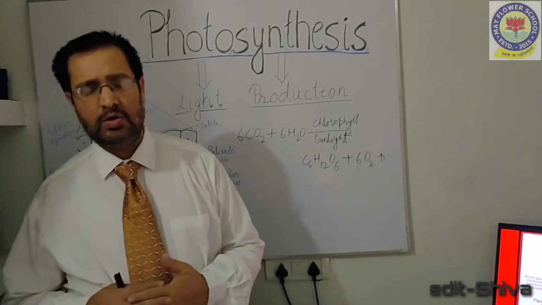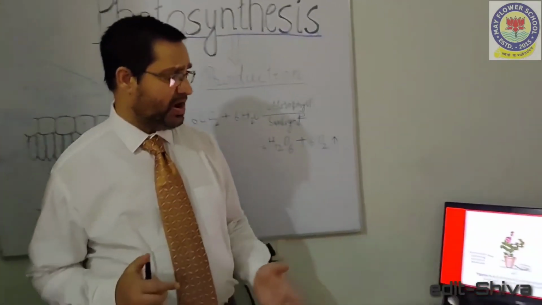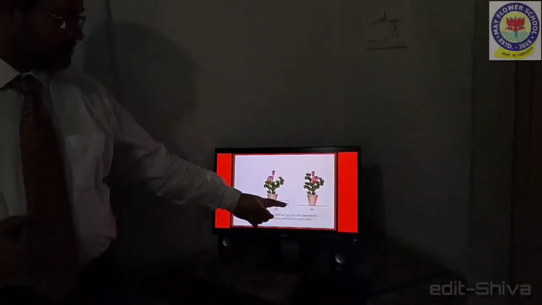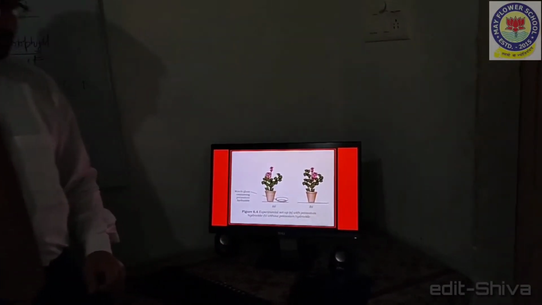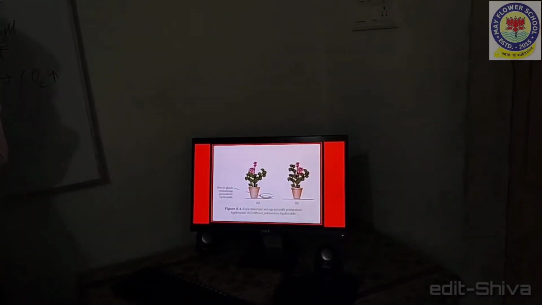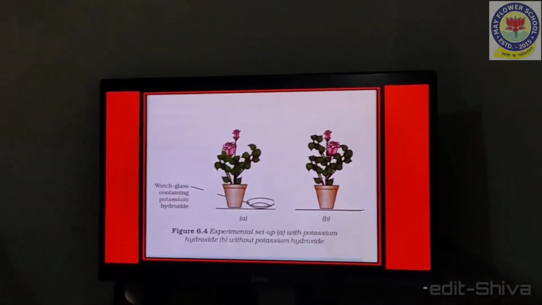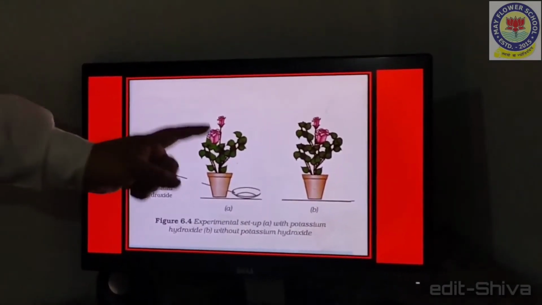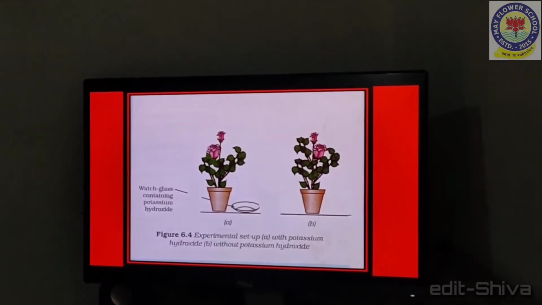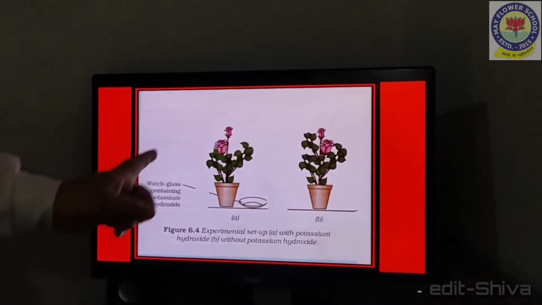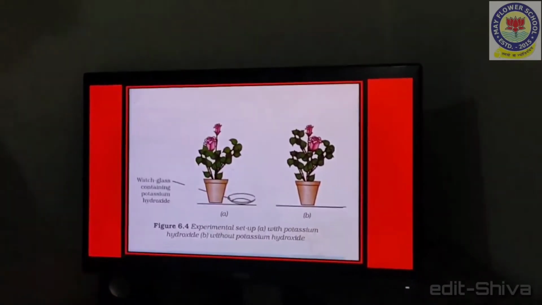After that, we put each potted plant on a glass plate separately and take potassium hydroxide in a watch glass and put it beside one of the potted plants, and then we cover both the plants with a bell jar.